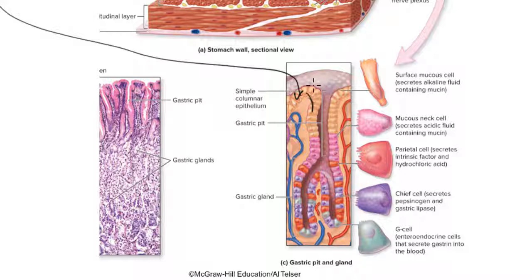The key word here is mucus, obviously, so you know it is going to secrete mucin. Mucin plus water equals mucus. It lines the inside of the stomach and starts to dip down into the gastric pit. You can see those cells are starting to line the opening of the gastric pit.